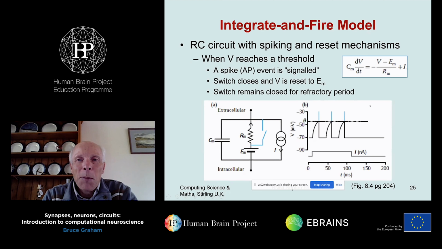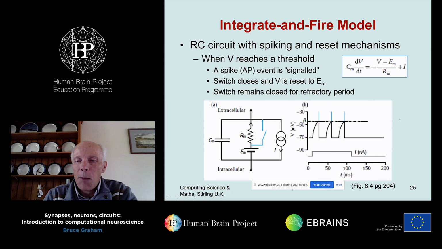This greatly simplifies the calculations involved, because we're not modeling the ion channels underpinning this. So the sodium and potassium ion channels are not being modeled. We don't have to model the time course of the action potential, just the sub-threshold changes as a result of inputs from, say, an electrode or from other neurons.